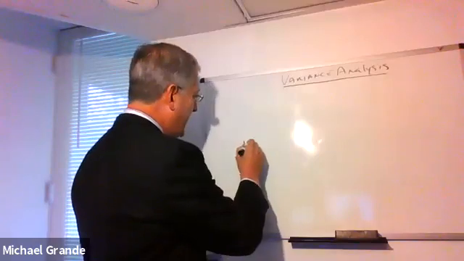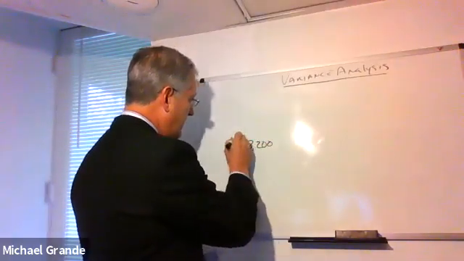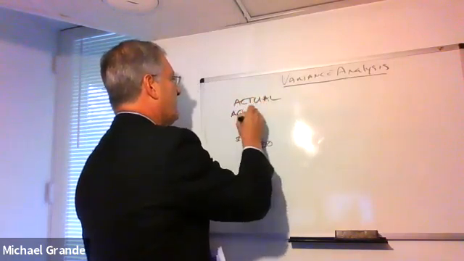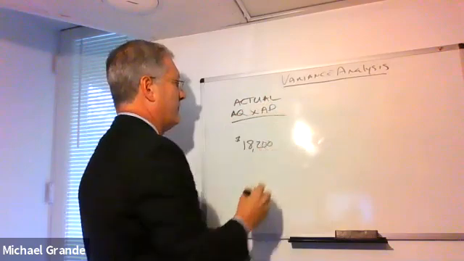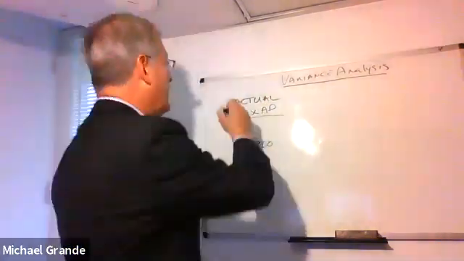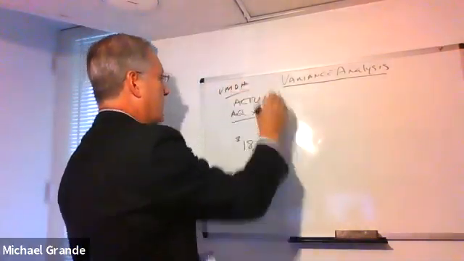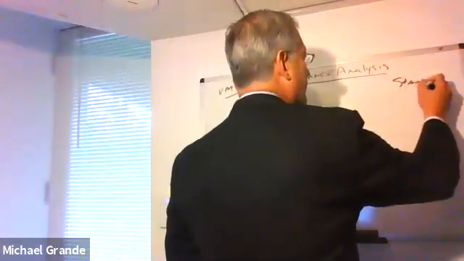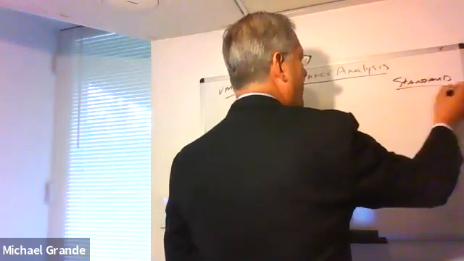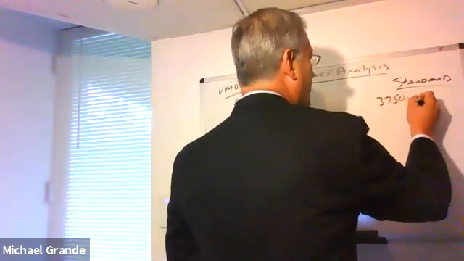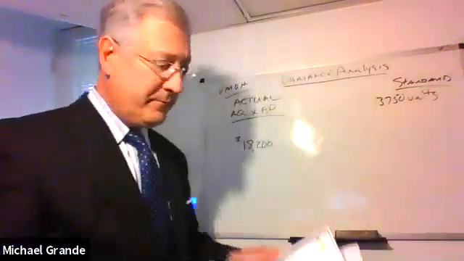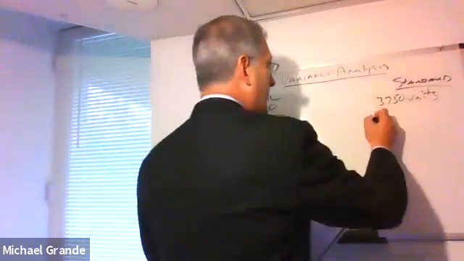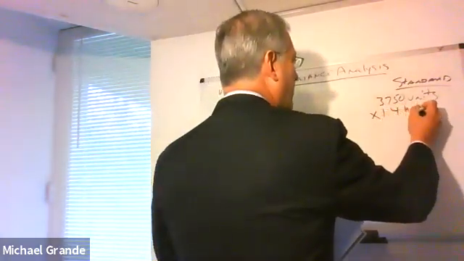So what did they give right out of the box? They told you the actual cost for variable manufacturing overhead, right? $18,200. What's the standard? Well, remember, 3,750 are the units. It should take 1.4 hours.